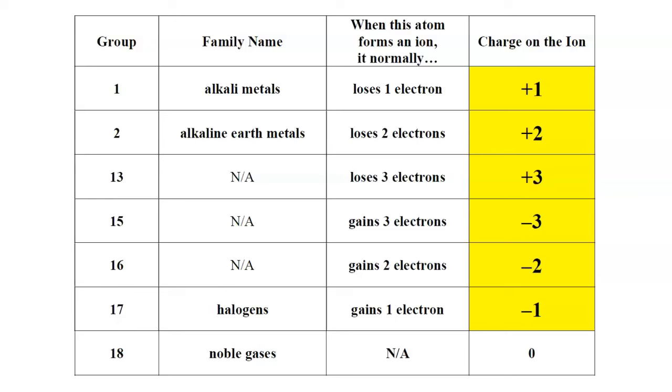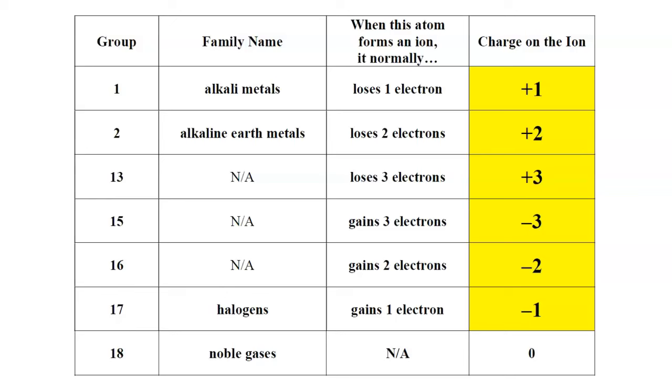So the elements of group 15 will gain 3 electrons to form a stable ion with a charge of -3. The elements in group 16, those atoms would normally gain 2 electrons to form a stable ion with a charge of -2. And then in group 17, the halogens, they would normally gain 1 electron to form a stable ion with a charge of -1.